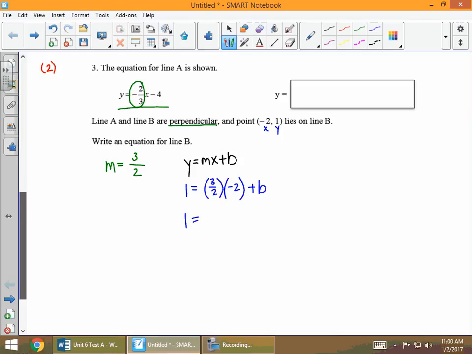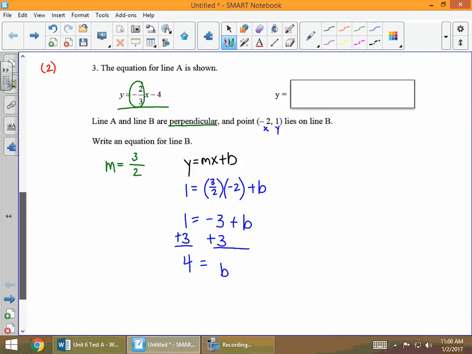So 3 over 2 times negative 2. 3 times negative 2 is negative 6 over 2 is negative 3 plus b. Get rid of the negative 3 by adding 3. And b is equal to 1 plus 3 is 4.